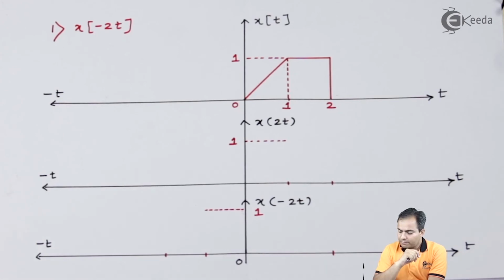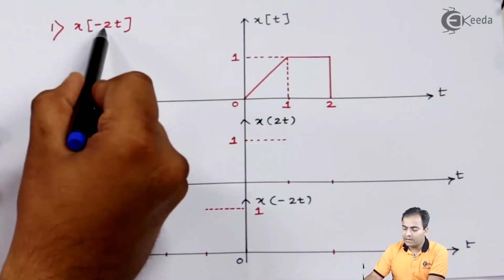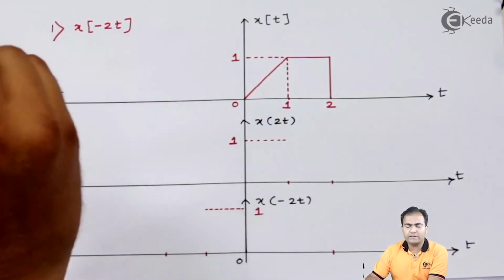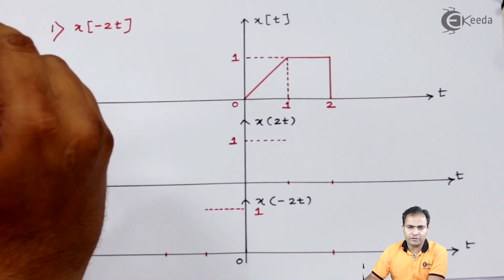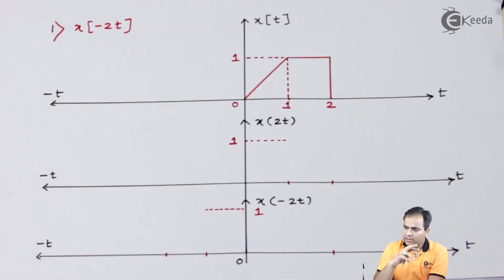But in this question, only two properties are given. First one is time scaling, that is alpha value is here 2, and another property is time reversal property, or you can say the mirror image or the time folding. So right now, time shifting property is not given, means what? You can perform any property first. You can perform time scaling property first also, or else time folding property first also.